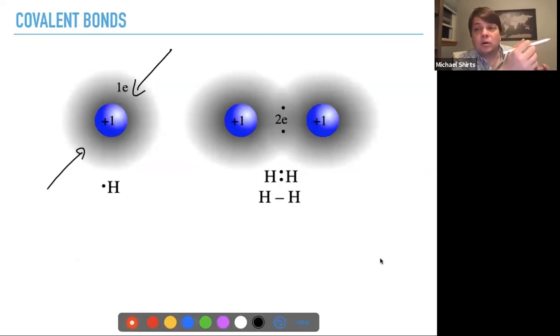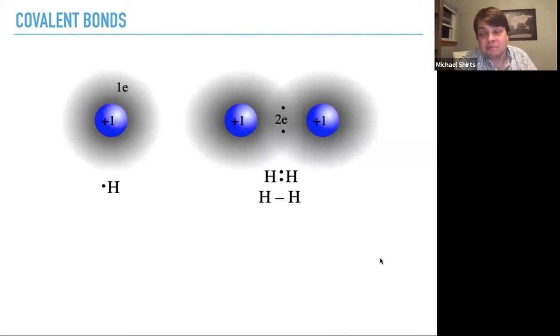A covalent bond occurs when two atoms, in this case two hydrogens, rather than having the electrons just orbiting one, the electrons start orbiting or surrounding both of the atoms. That sharing of electrons is a covalent bond. That is perhaps the most common way that elements form compounds.